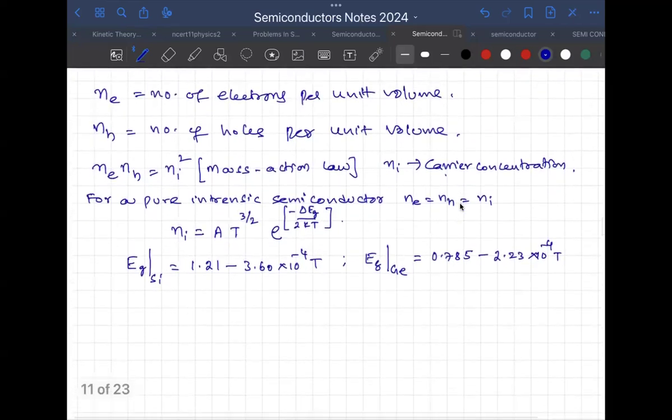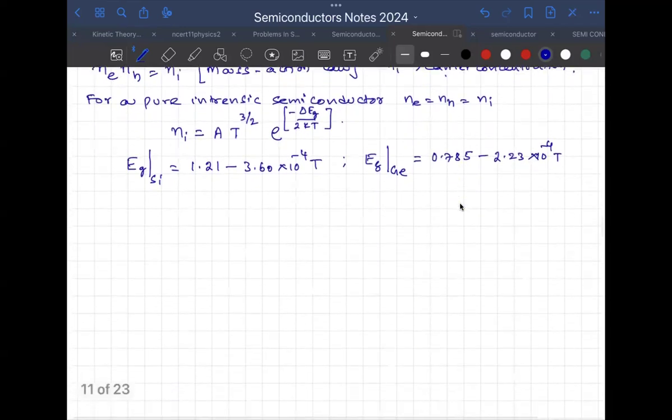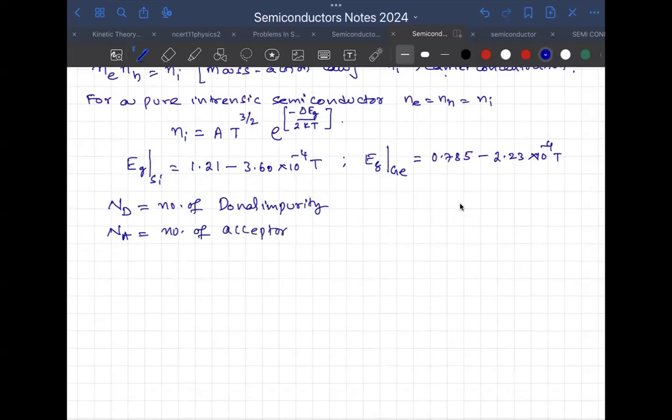Now, till now, this is all pure intrinsic semiconductor. Now, you are doping. When doping is available, then the study starts differently. For this purpose, I am using new terminology, ND and NA. Here, ND represents the number of donor impurity. NA represents the number of acceptor impurity.